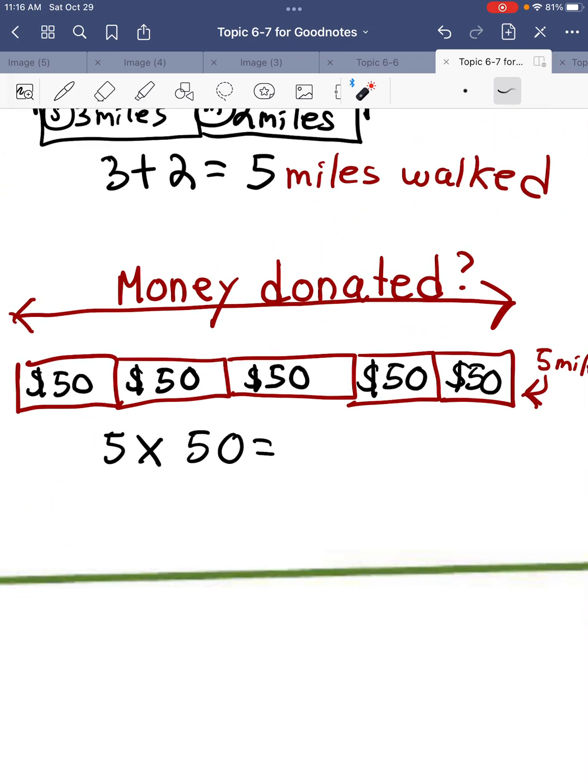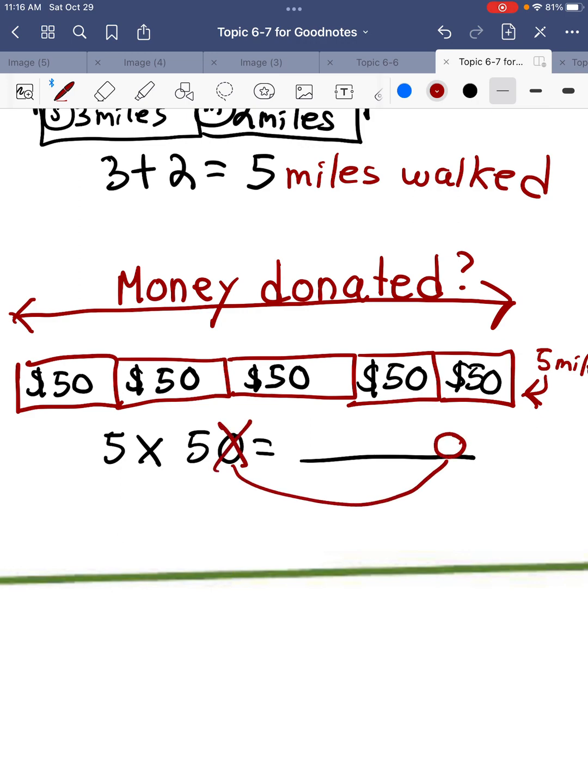And what's great about this equation is that I have an zero. So I can just simply get this zero, drop it over, cross it out. And now I'm left with 5 times 5, which we should know is 25.